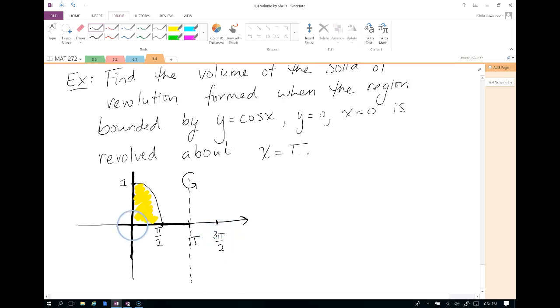This 0 point is pi units away from pi, so it's going to translate to another pi units to the other side, which is 2 pi. So there's my base. I know my height is perfectly vertical here. And then we have our cosine shape. And we'll give it our circular cross sections. Draw your little arcs.